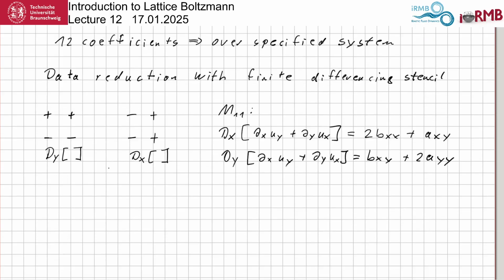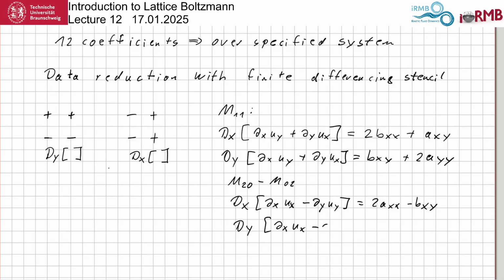We do the same thing for M20 minus M02 and apply this stencil: dx ux minus dy uy, and this gives us 2axx minus bxy, and dy dx ux minus dy uy is equal to axy minus 2byy.